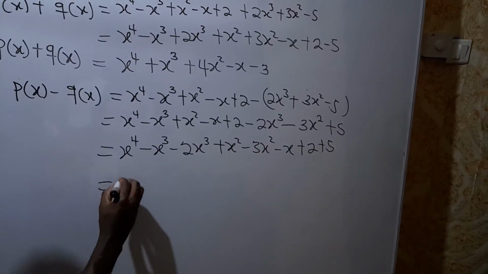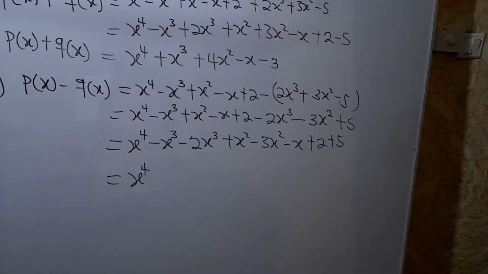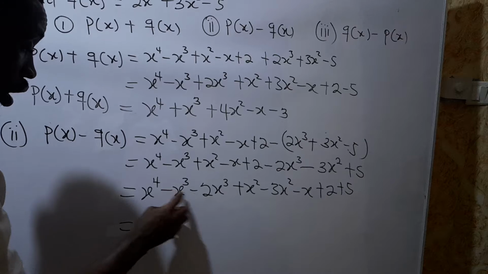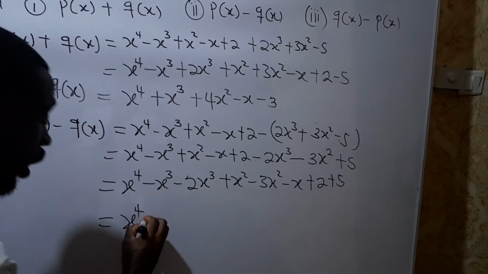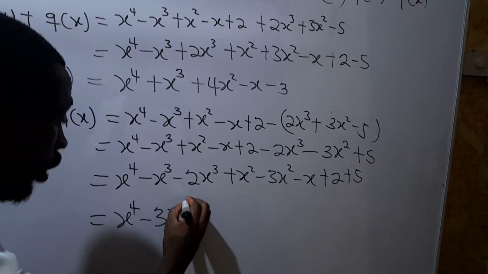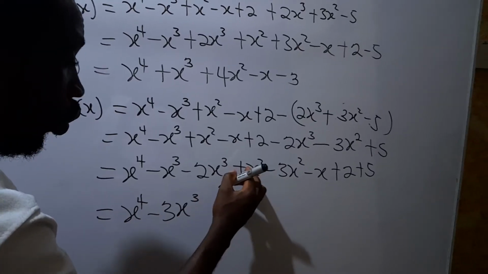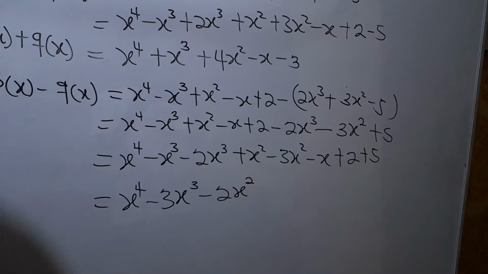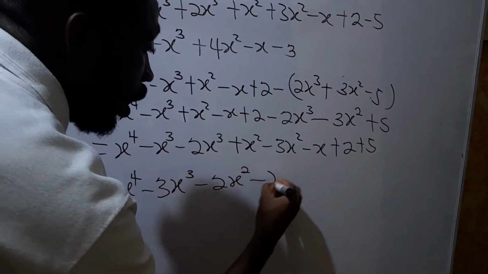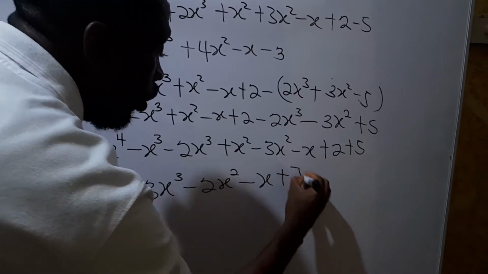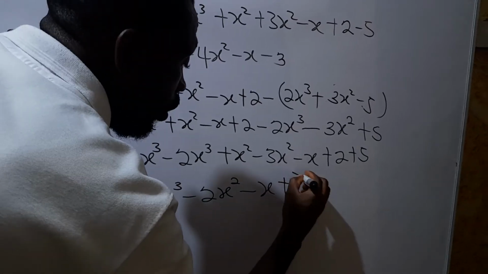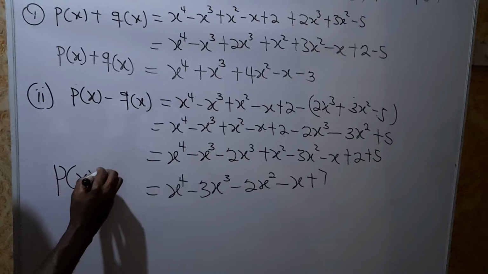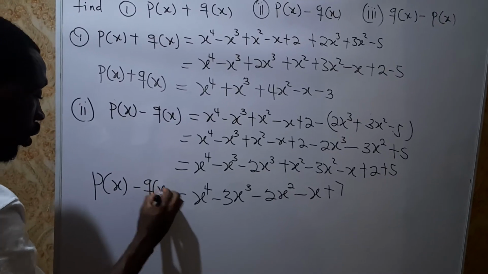So what do we have? Remember, you perform the operations on the coefficients. So negative 1 minus 2, that will be negative 3x cubed. Then 1 minus 3 will be minus 2x squared. We have minus x, then 2 plus 5 will give us 7. So we can say this is our p of x minus q of x.